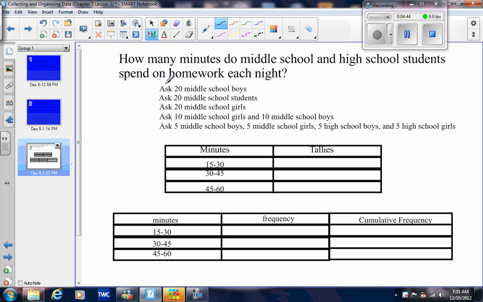You wouldn't ask just 20 middle school boys because that would not represent the whole population. We're talking about middle school and high school students. So when we do 20 middle school boys, we're not asking middle school girls. We're not asking high school girls.